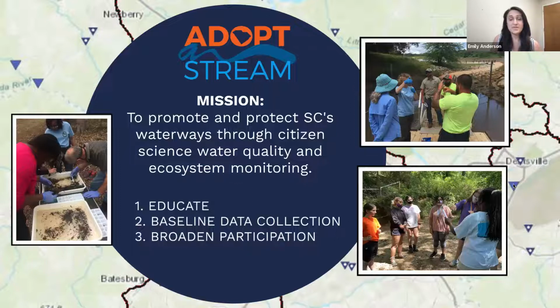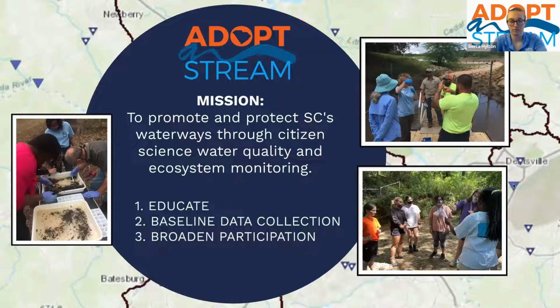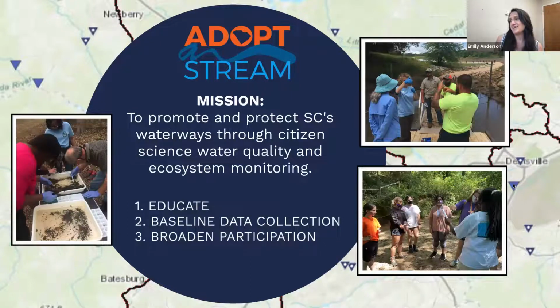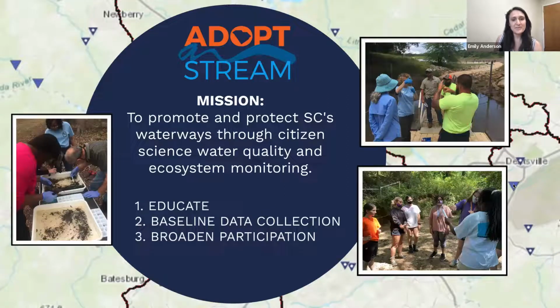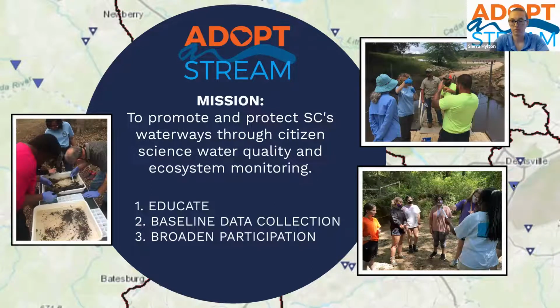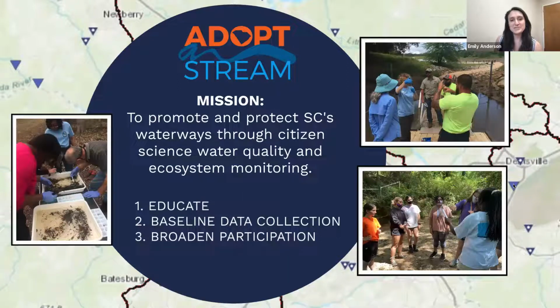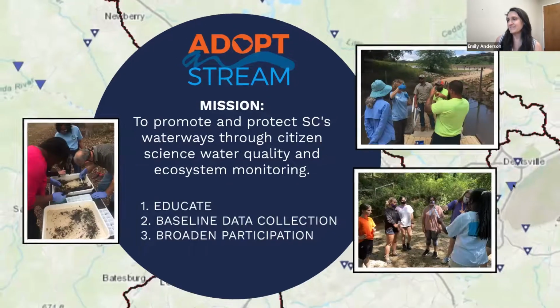A primary objective is educating residents in waterway and ecosystem health and engaging individuals, groups, and organizations in the collection of baseline non-regulatory data to add to the state's collection of water quality data for our many wonderful waterways. So if you are already involved in the program, or if you are just possibly interested, feel free to reach out to us anytime you have questions about anything. And again, welcome and thank you for being here.